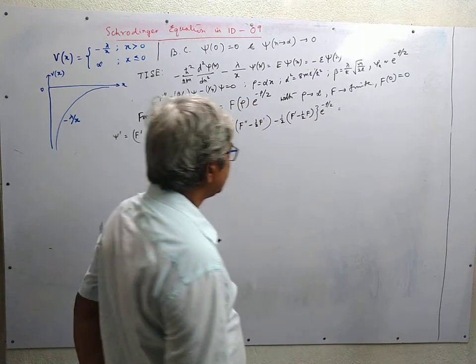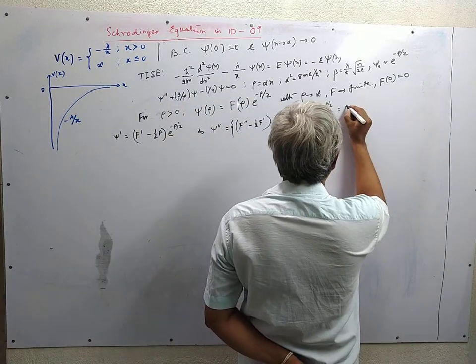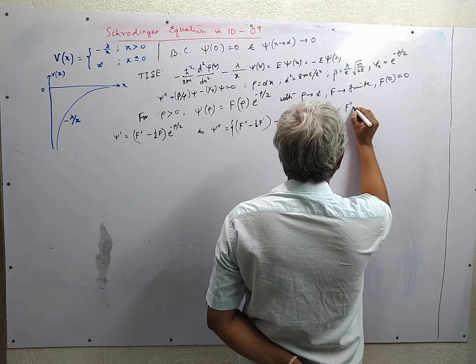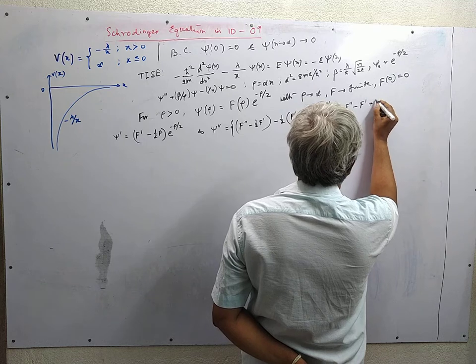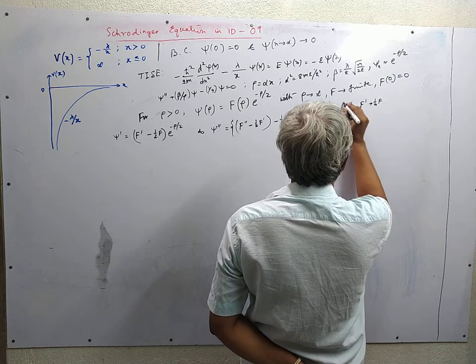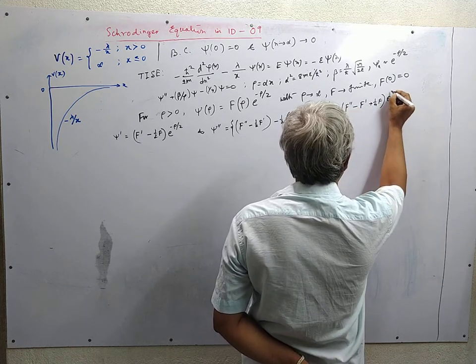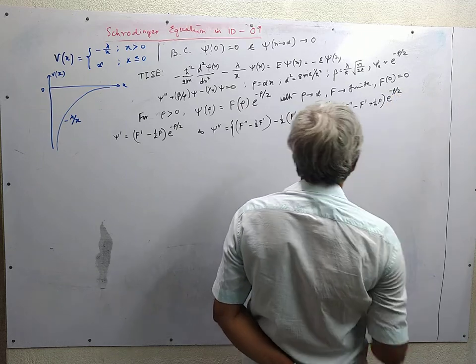If we simplify this, we will have f double prime minus f prime plus 1 by 4 f, multiplied by e to the power minus rho by 2.